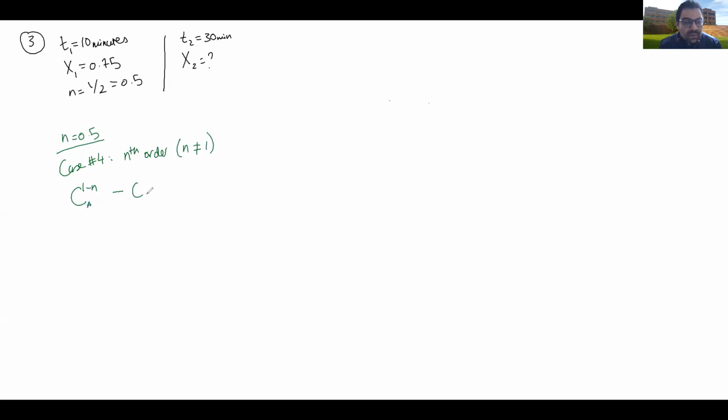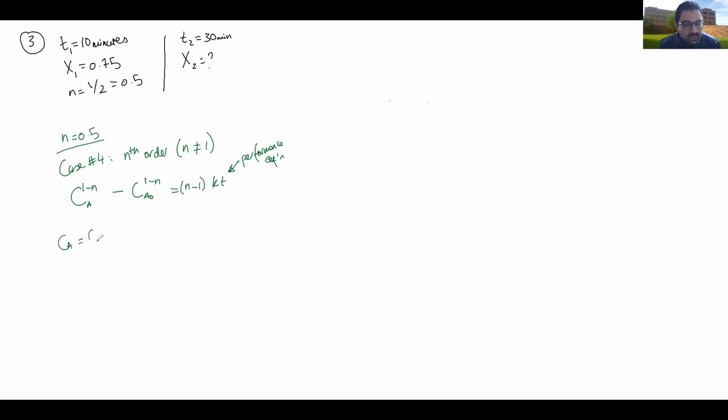CA to the 1 minus n minus CA note to the 1 minus n is equal to n minus 1 into kt. And so this is my performance equation in this case. However, I will need to rewrite it in terms of x to be able to solve it. So recall that these are the equations I need to know.